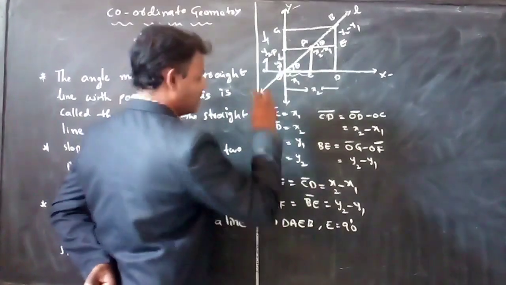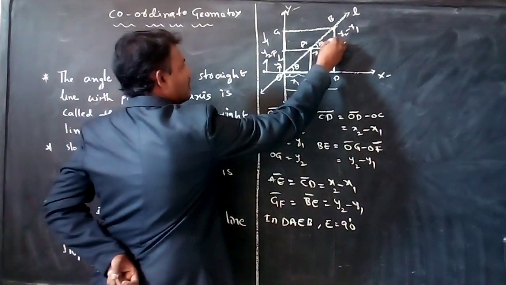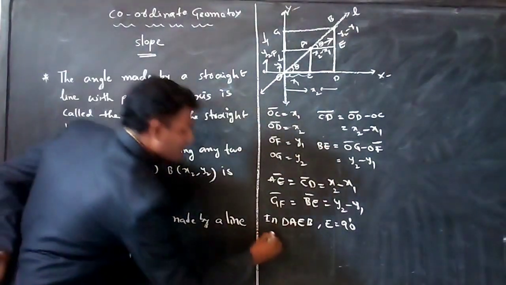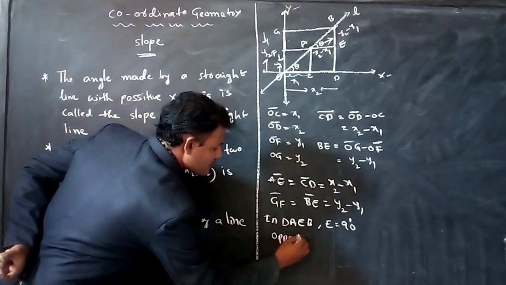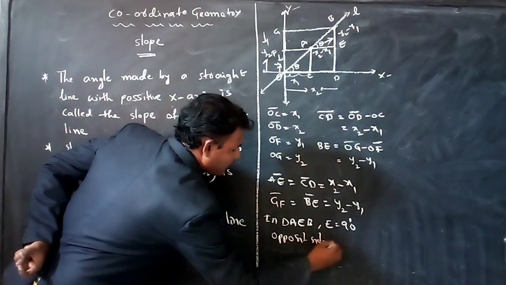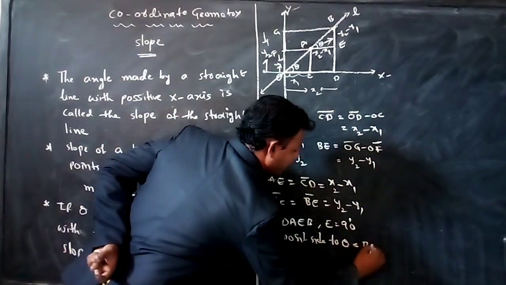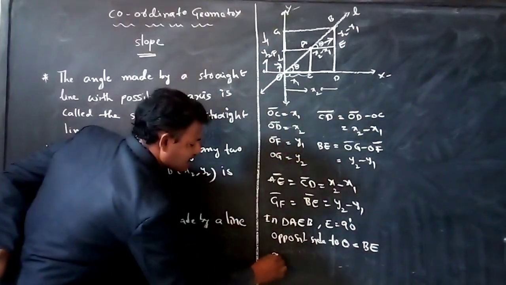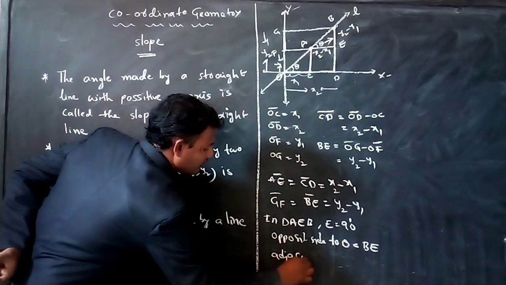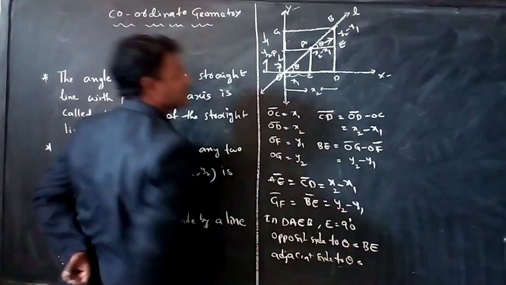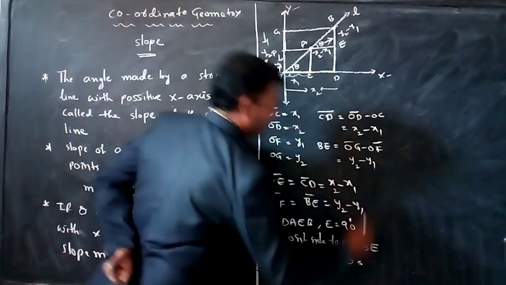So, by using that, BE is opposite to theta. The opposite side to theta is equal to BE. Next, the adjacent side to theta is equal to AE.